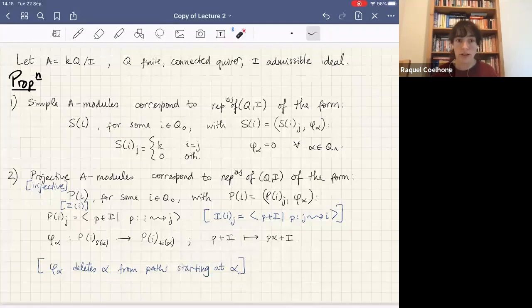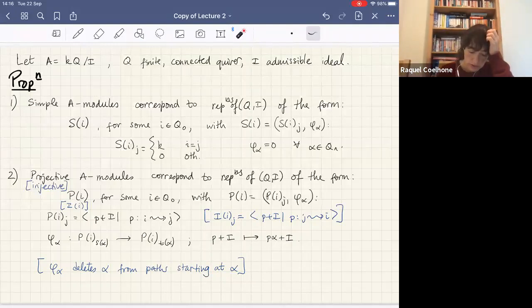Projectives. Again, for projectives and injectives, there is an indecomposable projective for each vertex of the quiver. The vector space at vertex J is generated by paths which start at the vertex I, for P, the projective at I. So you're looking at paths starting at I and ending at the vertices.